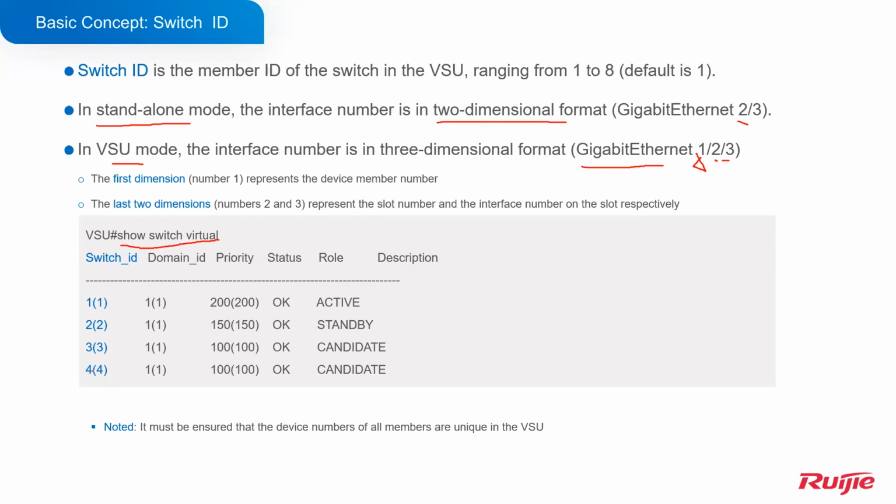You can also change the numbers to become like 1, 2, 5, 6. It doesn't matter. But the key point is you have to make sure every device number in the VSU is unique. So this is the first one, the switch ID.